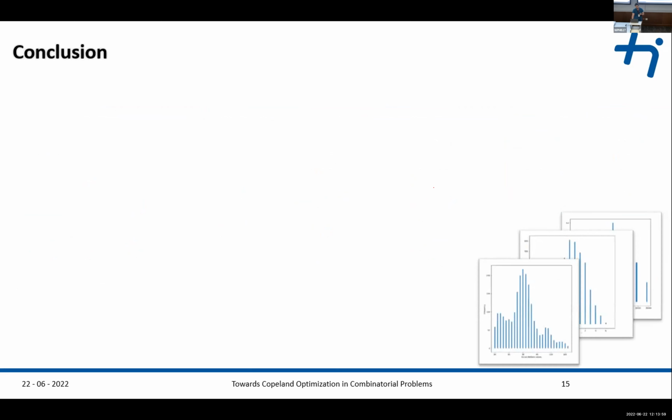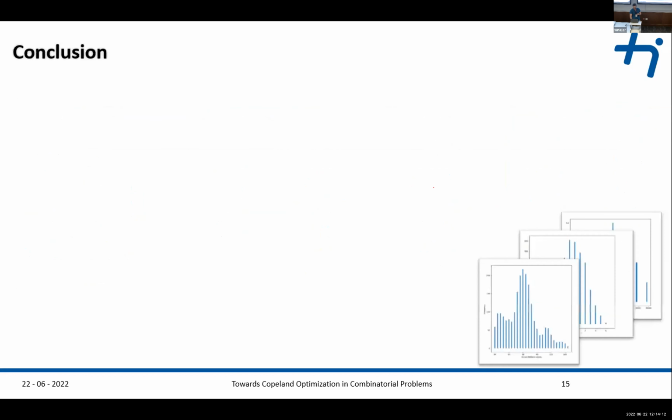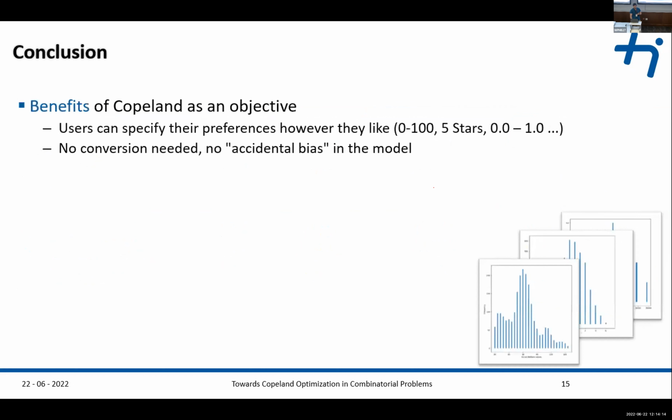In conclusion, we still believe that this is a direction that we can go. In small instances, it seemed okay. We got solutions that were practically interesting. What are the real benefits? In terms of our modelers, we can tell them, use whatever preference formalism you like.